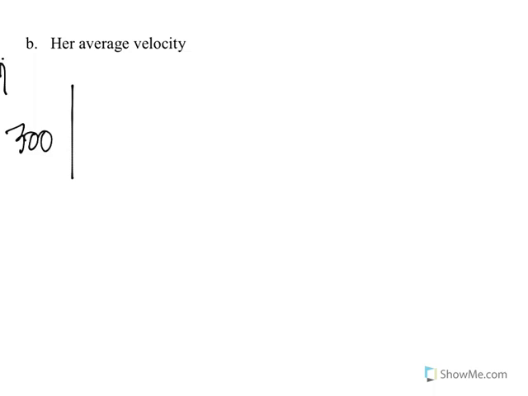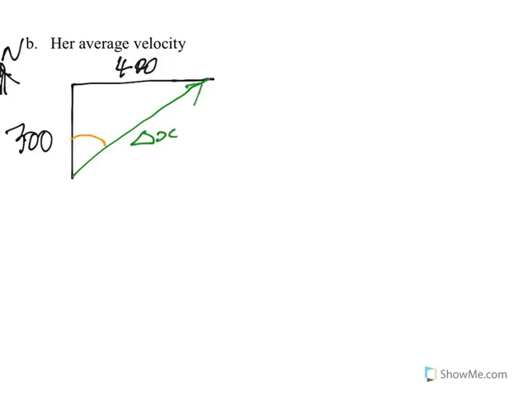Again, I've got north up the page there. She went 300 north and then 400 east. So her displacement vector is that one there. That is our delta x. It's that vector there. And then we need that angle.